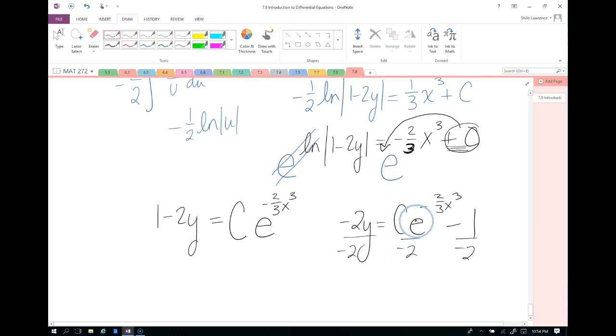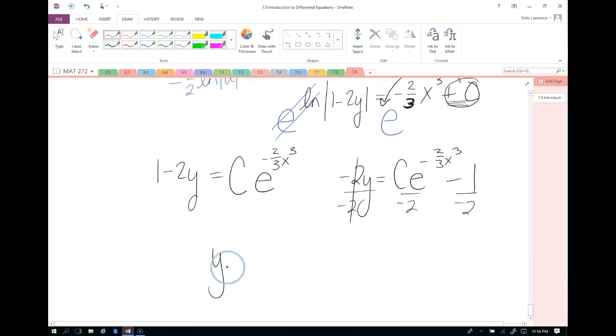If c is some arbitrary constant, dividing it by negative 2 is still some arbitrary constant. So I've got y equals c e to the negative 2/3 x cubed. I had minus 1 divided by negative 2 is going to change it to a plus a half.